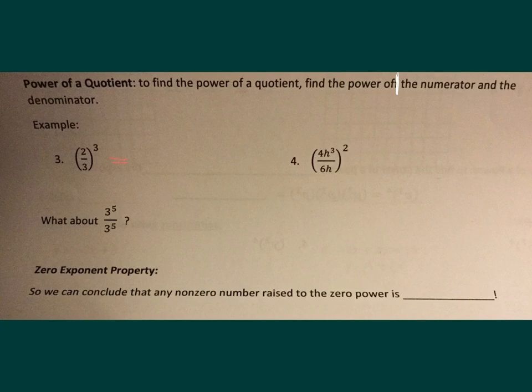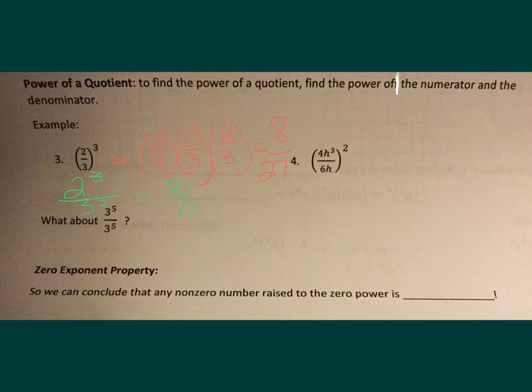So 2/3 raised to the power of 3. Well, that's the same thing as saying 2/3 times 2/3 times 2/3. 2 times 2 times 2 is 8. 3 times 3 times 3 is 27. But that's the same thing as 2 to the 3rd power over 3 to the 3rd power.